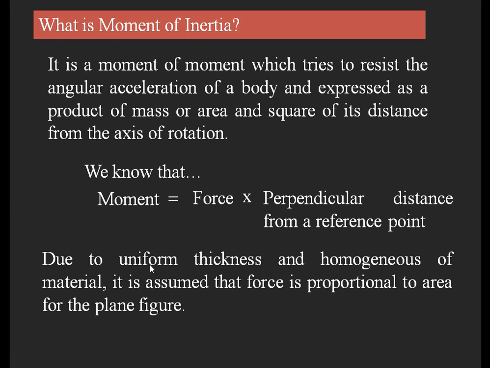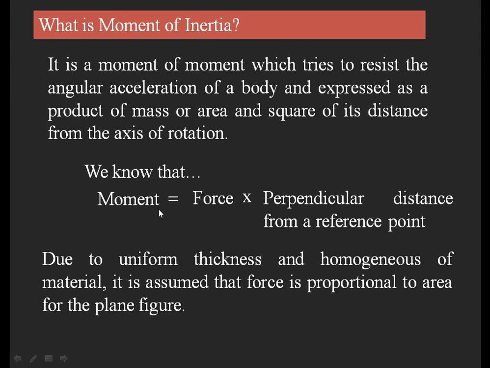Due to the uniform thickness of plane figures and the homogeneity of the material, it is assumed that the force or mass is proportional to the area of the plane figure. When we consider uniform thickness bodies or any sections, uniform thickness means we can consider sectional planes. For those sectional planes, the force or mass can be proportional to the area of that plane.